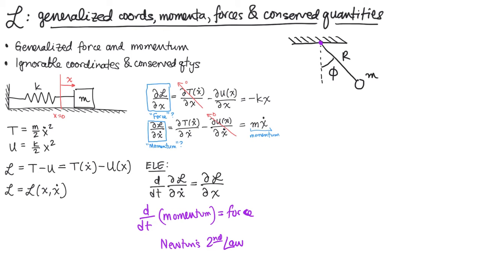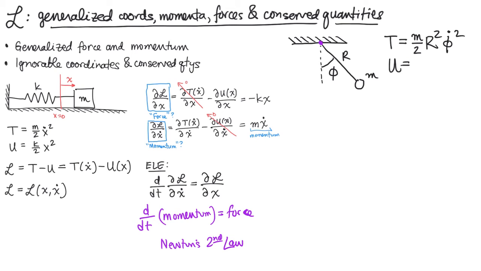In order to write down the Lagrangian, we need to be able to write down T and U. The kinetic energy here is 1/2 m v squared, and we can talk about v in 2D polar coordinates, in which case the tangential velocity, which is the only velocity because there's no radial motion, is given by r phi dot. So T is m over 2 r squared phi dot squared.